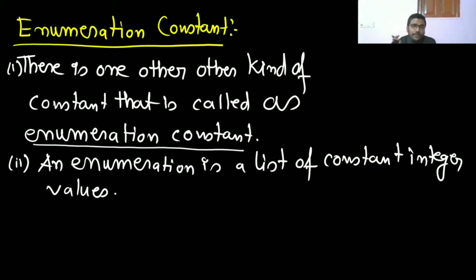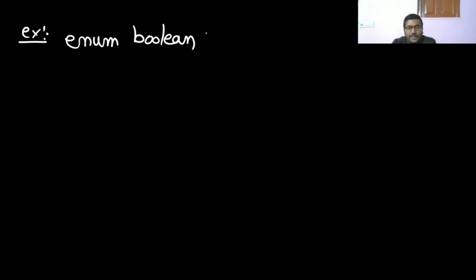Let me give the example. With an example, it will be more clear. You can even say it is a data type. Like a structure, you first write enum, then boolean. This is the name of that data type, and it is having the values no and yes.